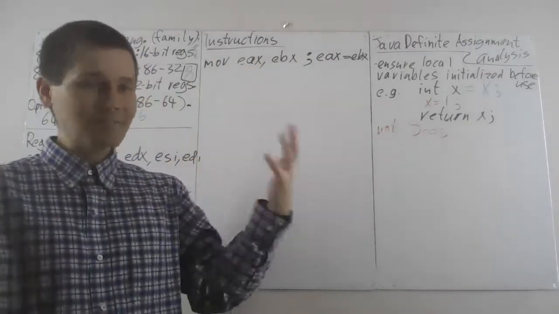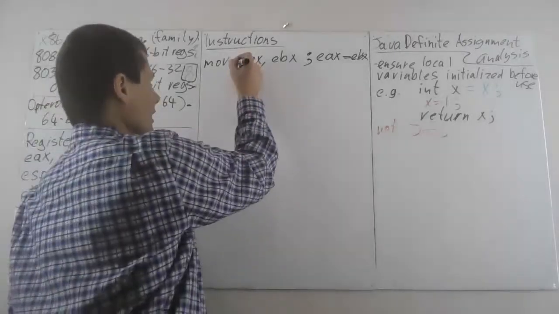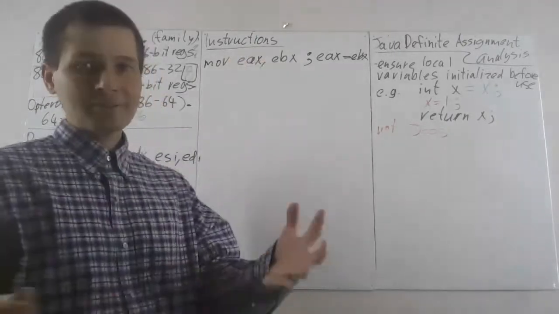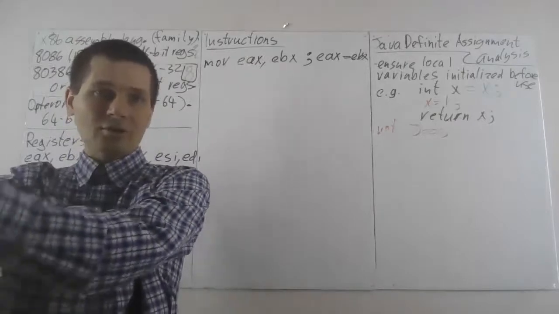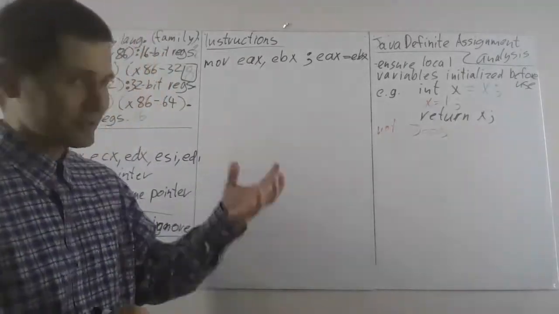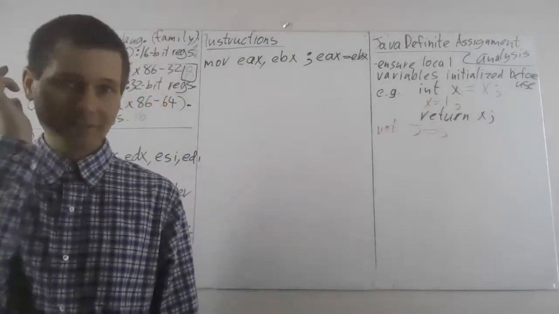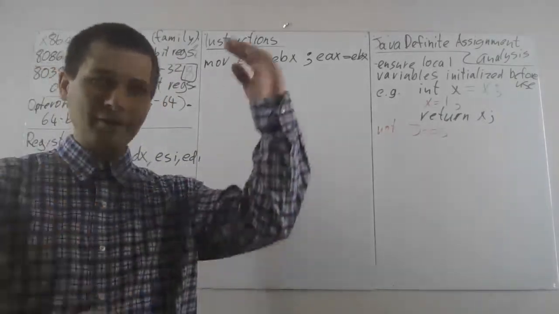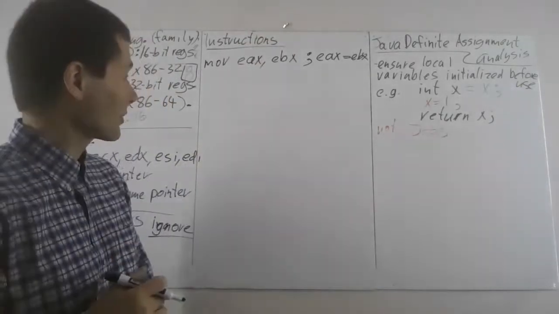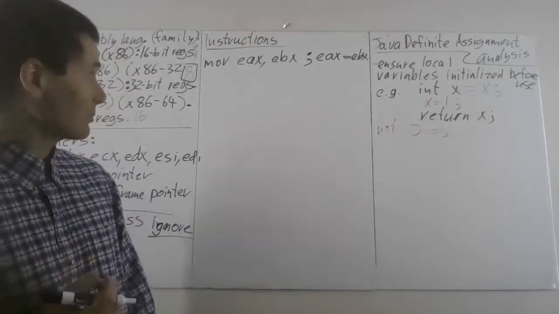So don't comment what the instruction does. But if you put a comment to say here's the Juice code that this instruction came from, then you can figure out where you are in your Juice program when you're looking at the assembly code.